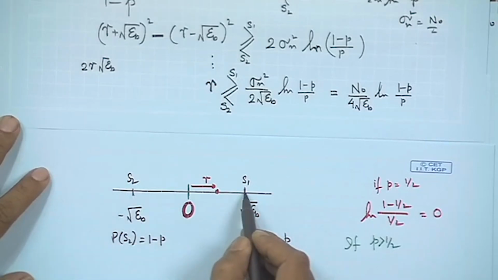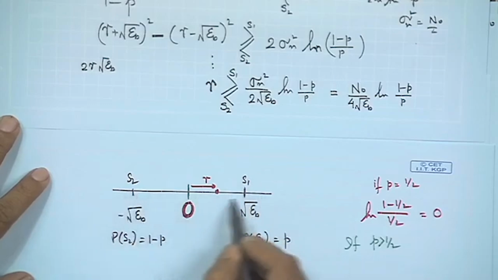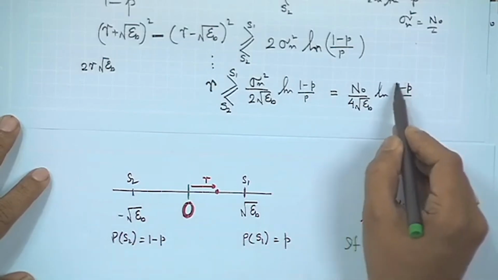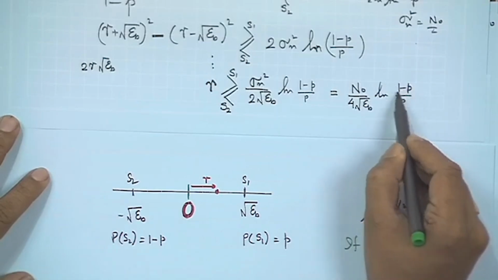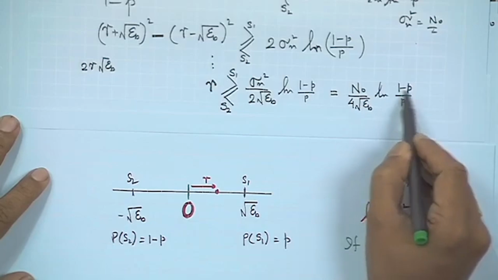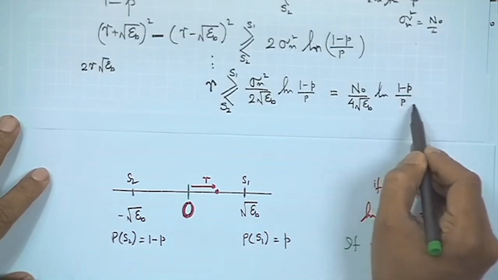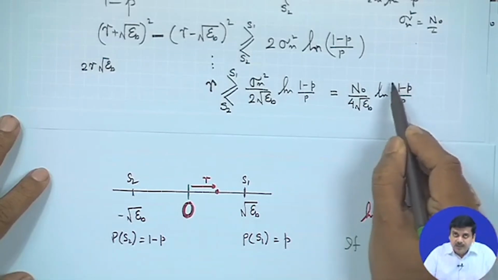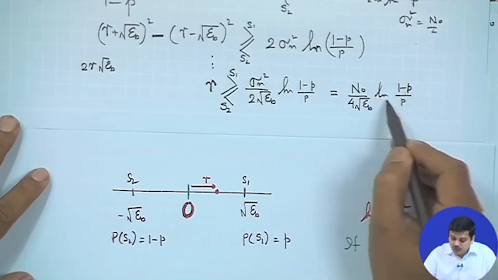If S1 is 1 and S2 is 0, we have a sequence where there are more ones than zeros. So, if P is greater than half, we look at this expression: the numerator is less than the denominator, since 1 minus something more than half is less than half. So, that means log of some number which is less than 1, therefore this is negative. The log of a number which lies between 0 and 1 is negative.